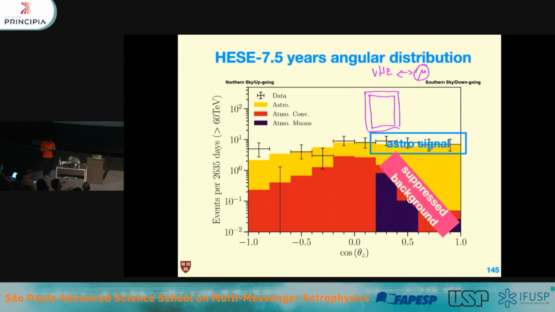But if I have a lower energy, I need to thicken this layer wider. So given the energy the neutrino has, we optimize the veto region to have a good signal to background purity. This is done dynamically on the amount of charge that you have in your detector.